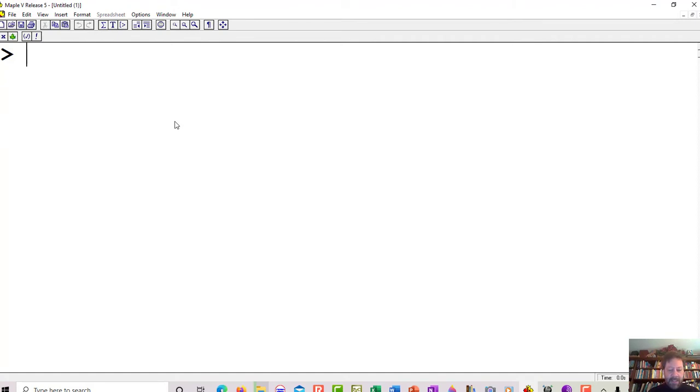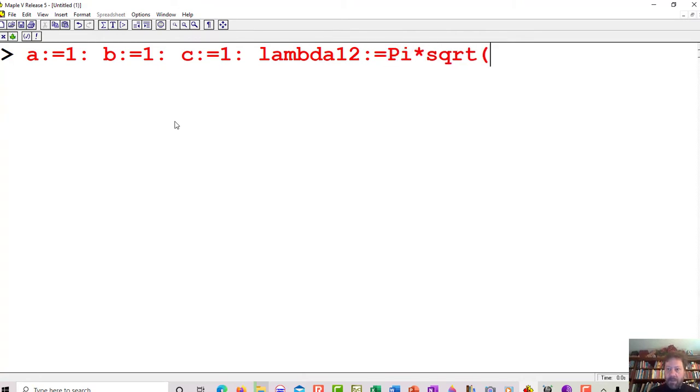with various cases. Let's suppose A is 1 and B is also 1. Let's suppose that C is 1. Let's take lambda 1, 2. Now, remember that was pi times the square root of n squared over a squared plus m squared over b squared.